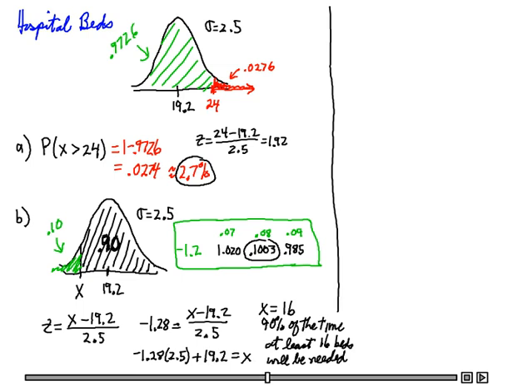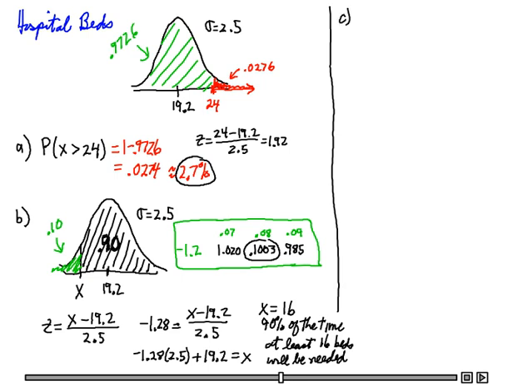In other words, how many beds or more will be needed 90% of the time. So the 90 is in the upper end of the distribution, and the x that we're looking for is on the lower end.